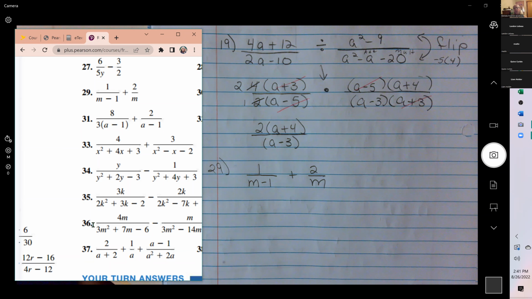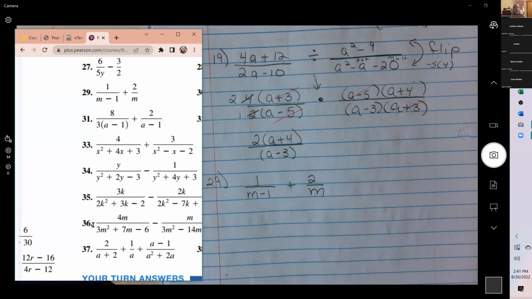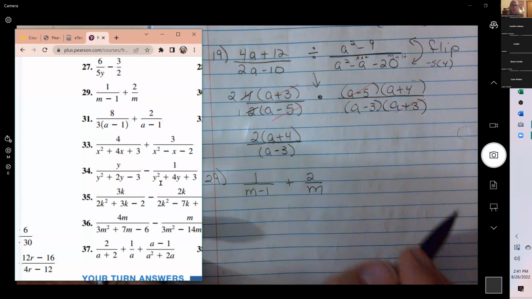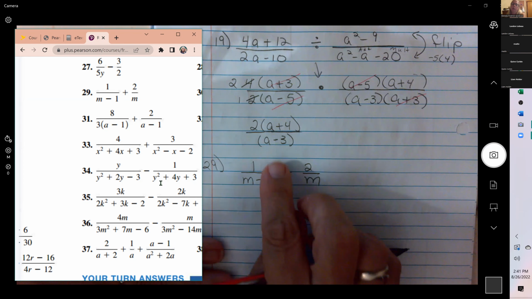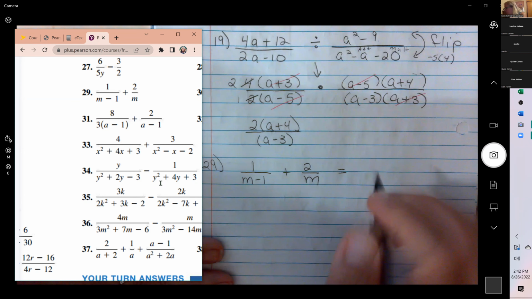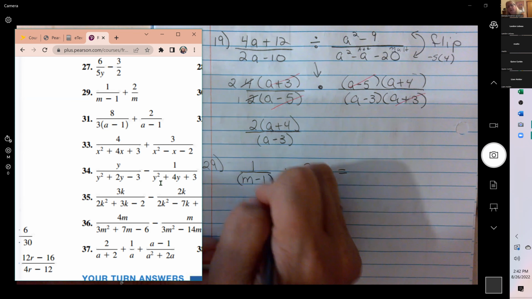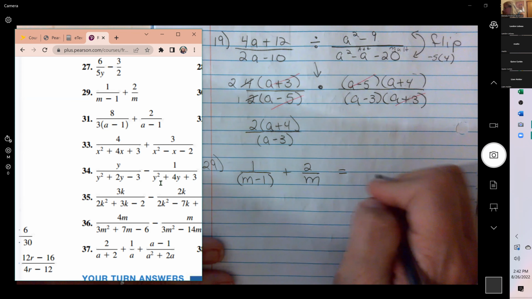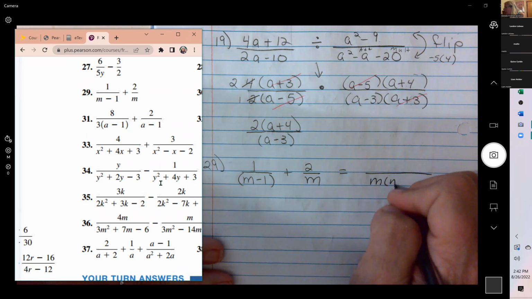This one's already, these won't factor. But if we looked at like 33, 34, you'd have to factor first. I did mark 34. So if we look at this problem, our common denominator would be both of these two, because this quantity has to go together. So our denominator would be m times m minus 1.